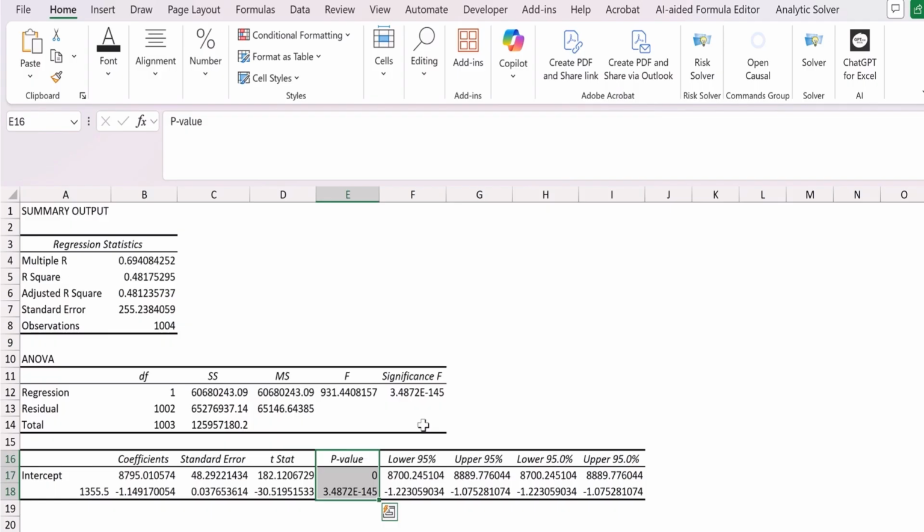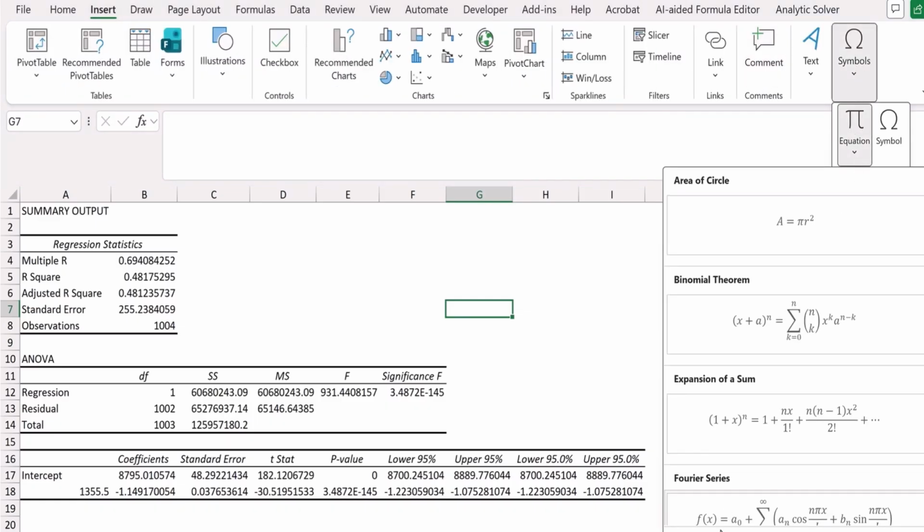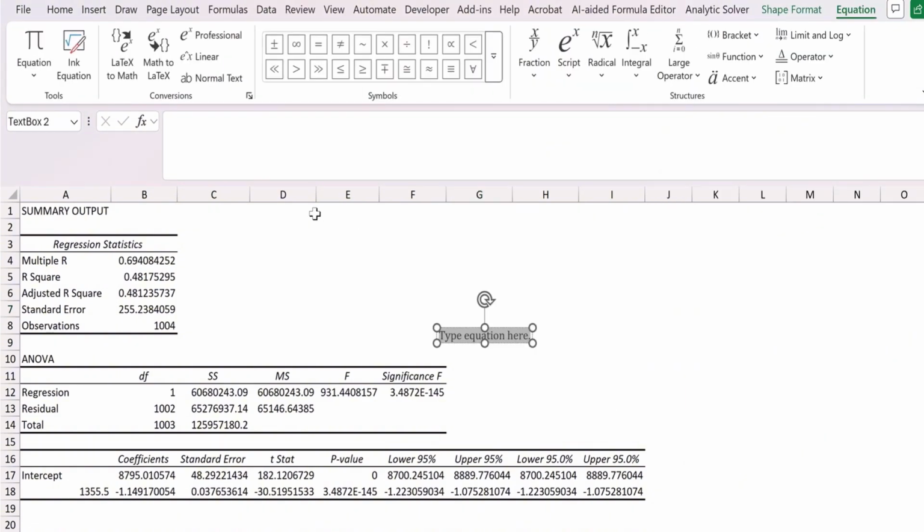The estimated regression equation will then be, let's write down the equation here. US dollar PYG equals 8,795.54.